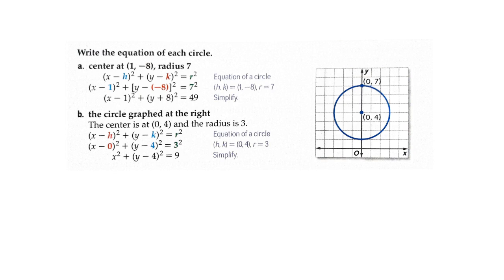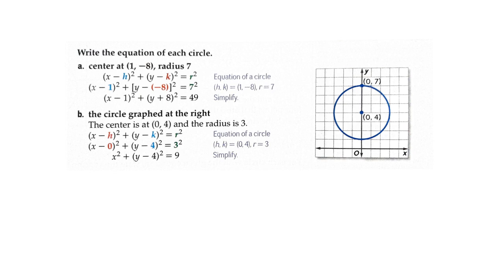Now, the second question is to find the equation of this circle graphed at the right side.